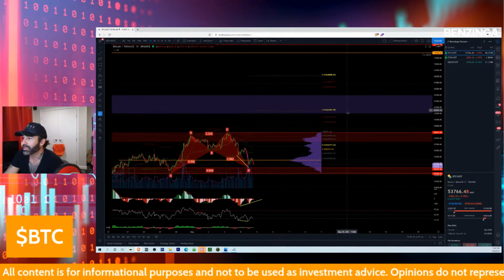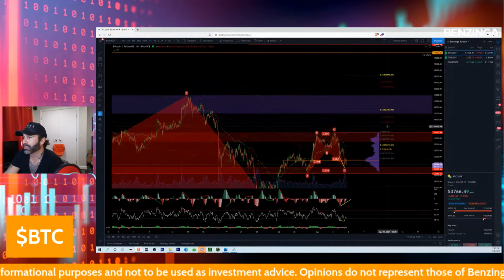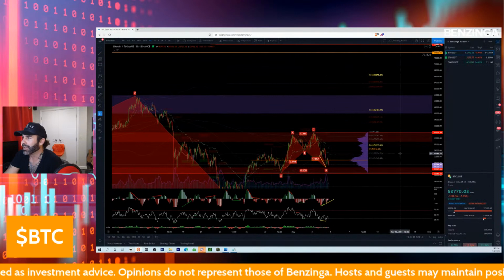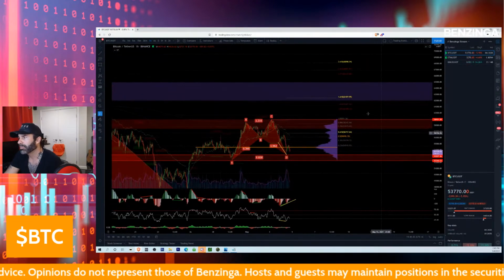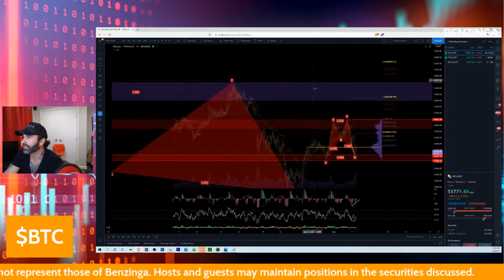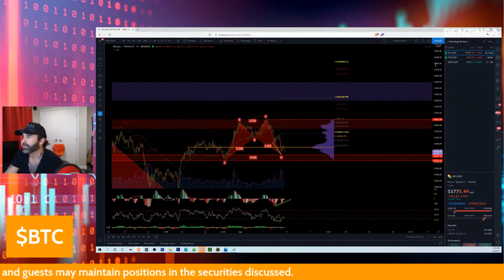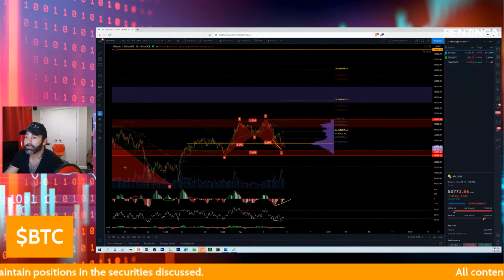Then 68, which would be a new all-time high for Bitcoin. 2618 is not a target of this harmonic, but if you look, I believe that 68 zone is also confluent with one of the Fibonacci retracements from the bigger structure.